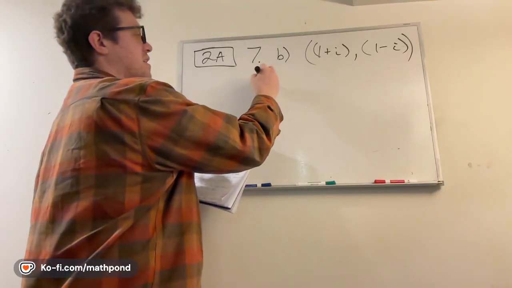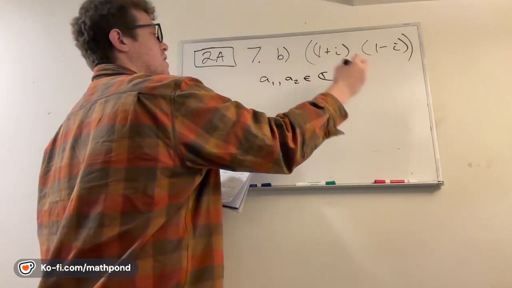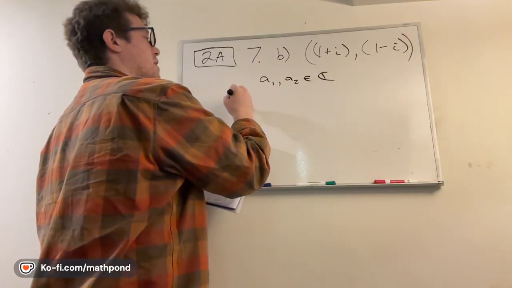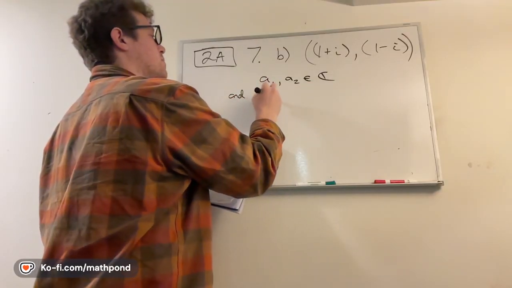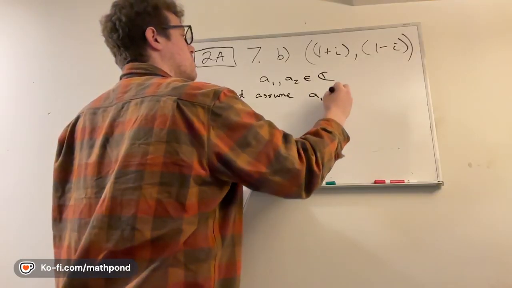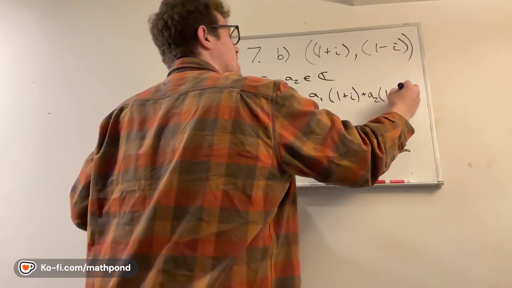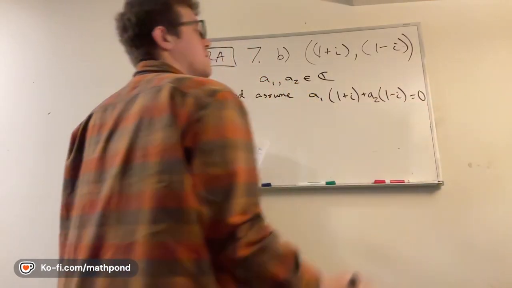So now we're going to let A1 and A2 be complex numbers, and assume A1 times (1 plus i) plus A2 times (1 minus i) is equal to 0.